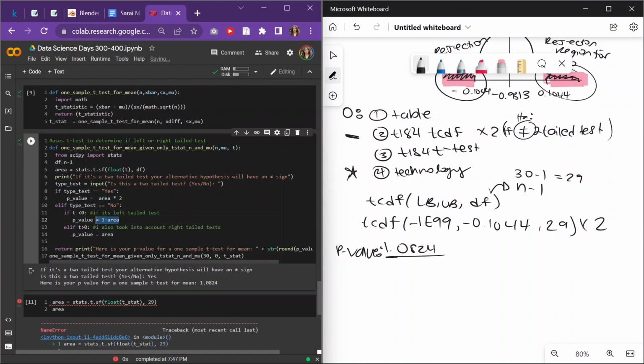Actually, now that I think of it, isn't this supposed to be the opposite? If t is less than 0, 1 minus the area. But it's CDF, and CDF calculates the probability below or left. So why would I do 1 minus the area? That would give me the probability of above.